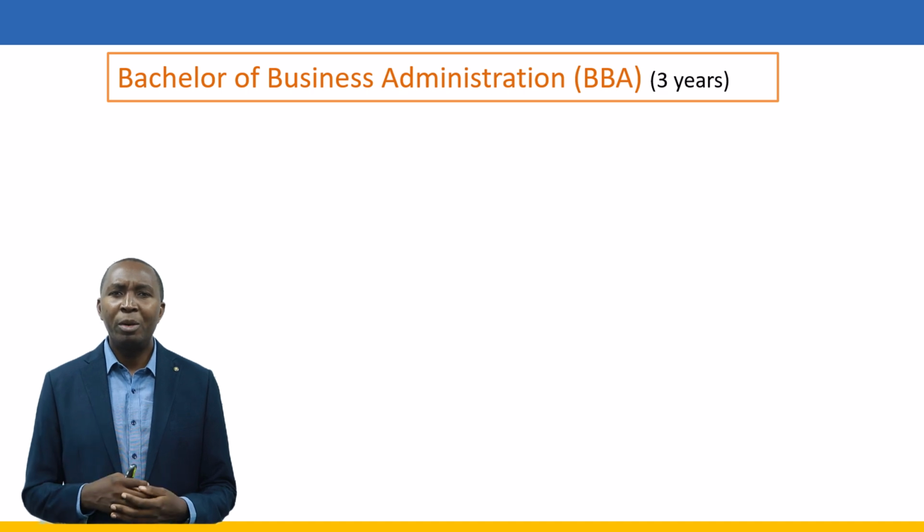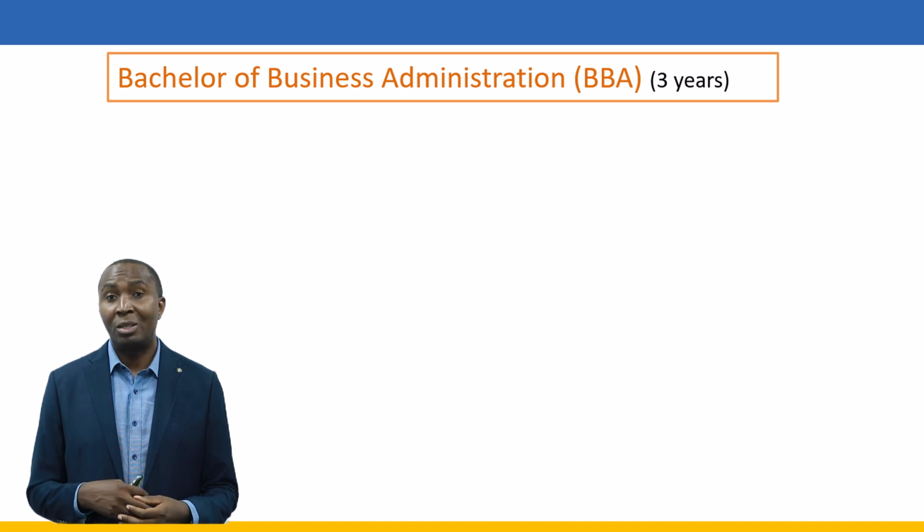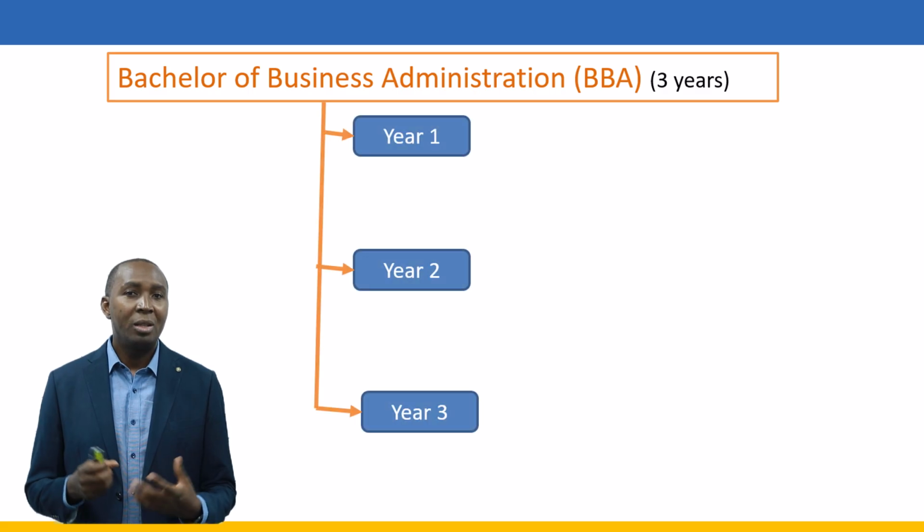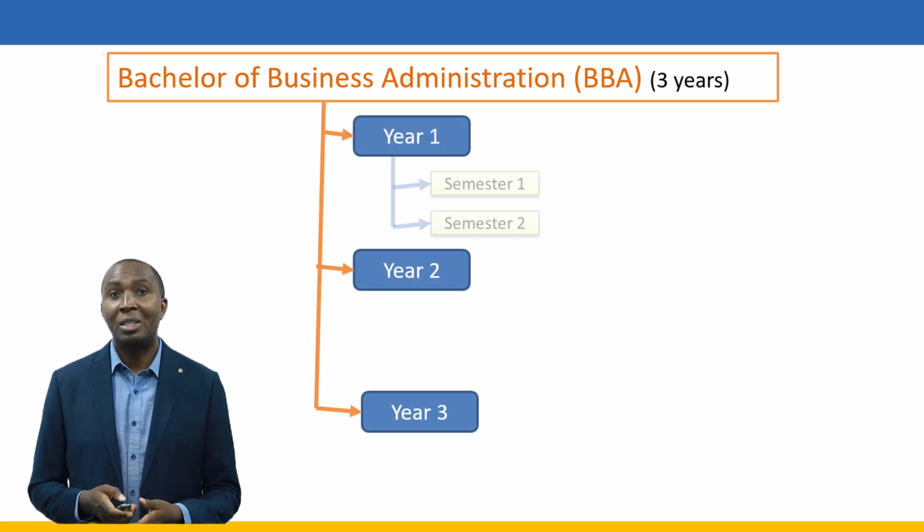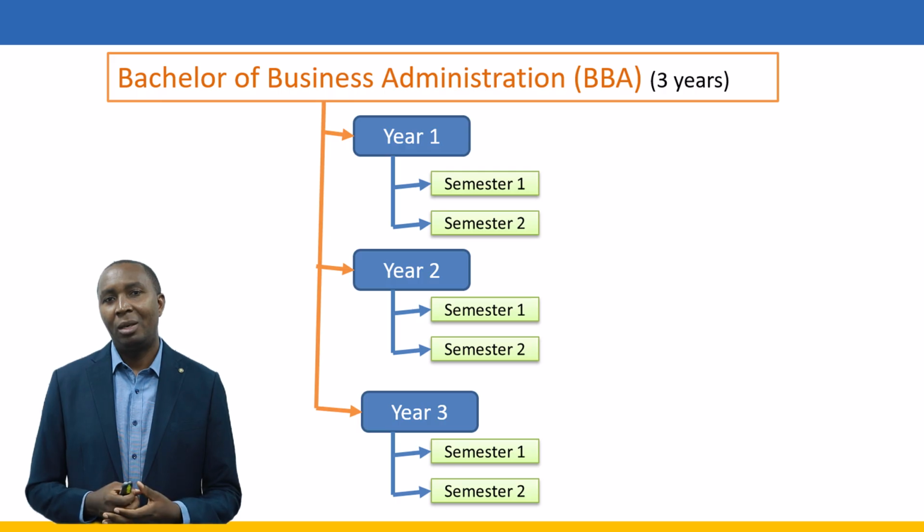Now, from the previous lesson, let's look into the Bachelor of Business Administration, BBA, and reflect on the program. As I said, this is a 3-year program having 2 semesters in each academic year. When we speak about a course, it has its own structure and components.